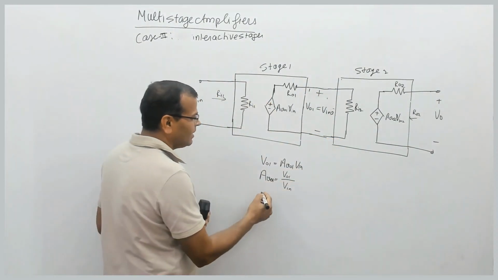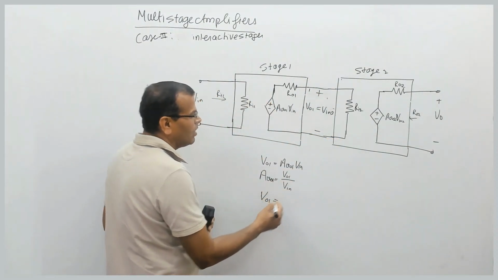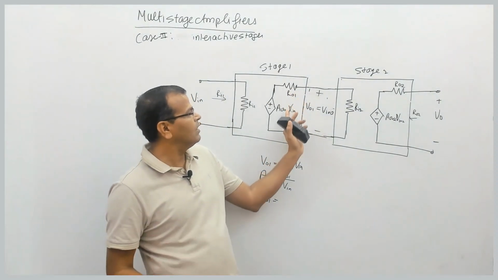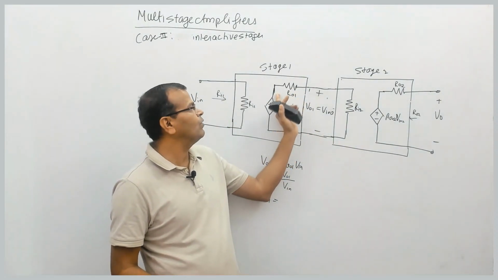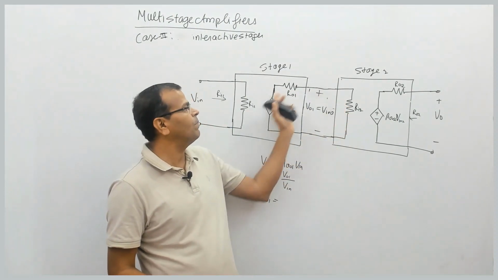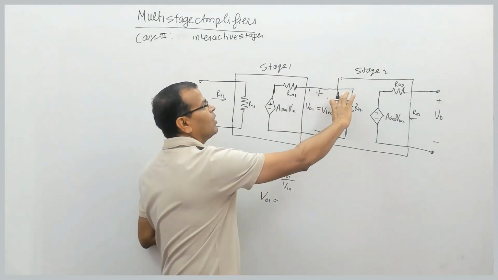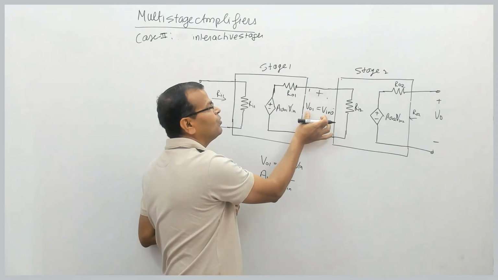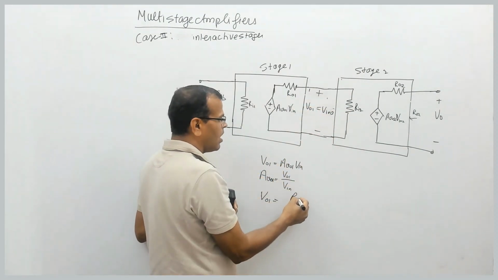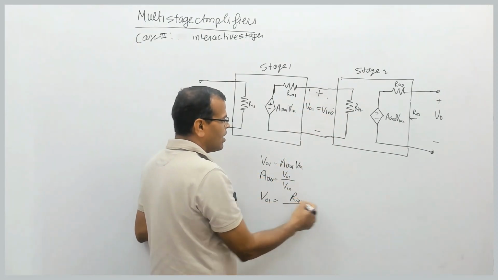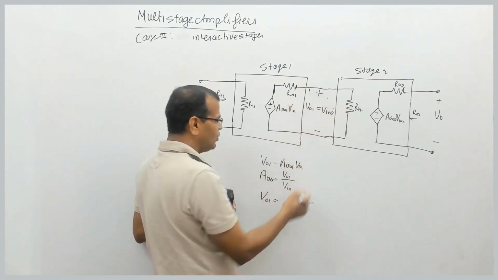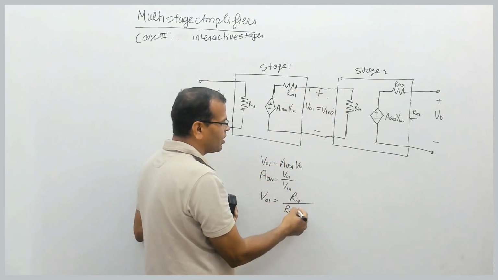In that case, V01 will be equal to what? This voltage dependent voltage source will supply current here. That current will pass like this. So the voltage across this resistance will be the output voltage. So that will be Ri2 divided by the sum of these two resistances. This is the simple voltage divider rule.